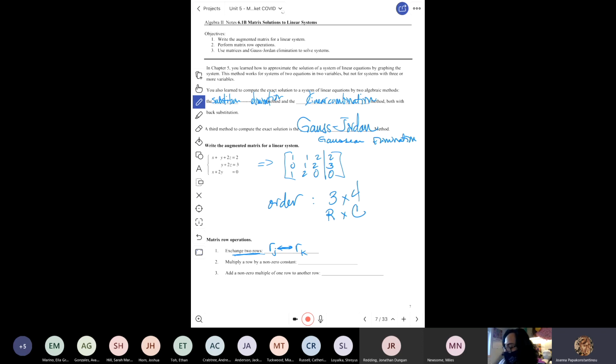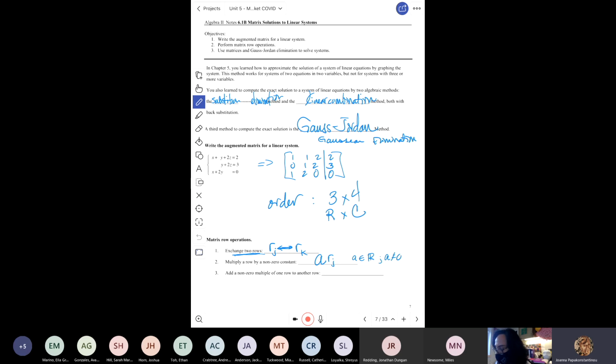Now, if I multiply a row by a non-zero constant, we just said we had a row, and I multiply it by a non-zero constant. So I may just want to multiply a row by a number. And then we'd have to specify that A is just an element of the reals, but A is non-zero.